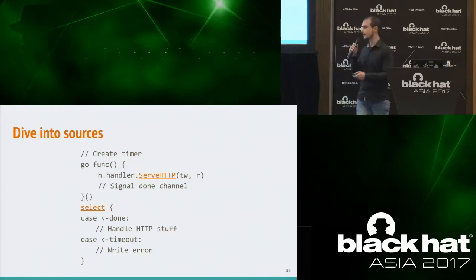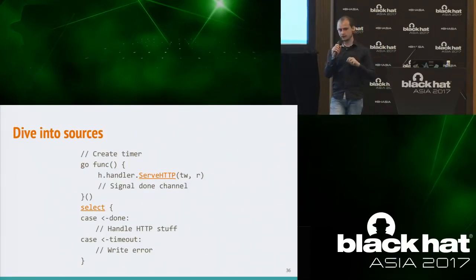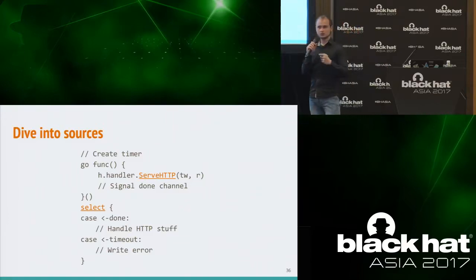Then they select in a blocking way from the two channels. If the Go routine ends first, it means that it has handled the HTTP request. Everything has gone right, so all can proceed.